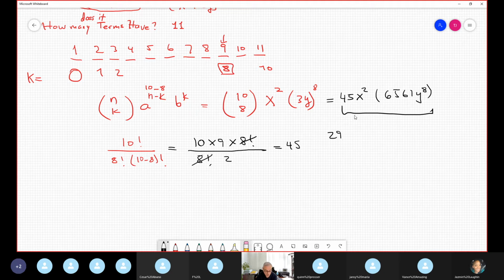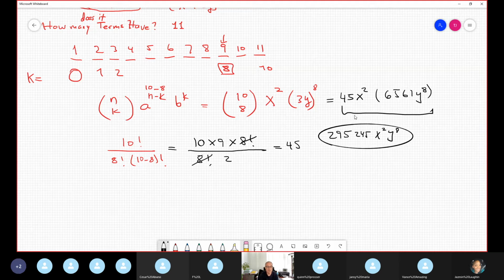And finally, multiplication 45 times this number, and you get this answer: 295,245 x to the second power, and y to the 8th power. Is the final answer. Any question, guys?